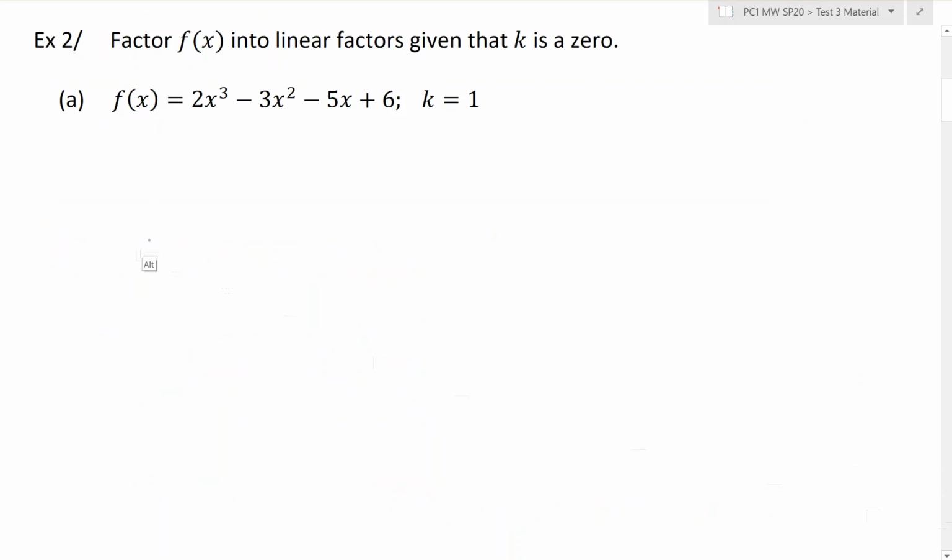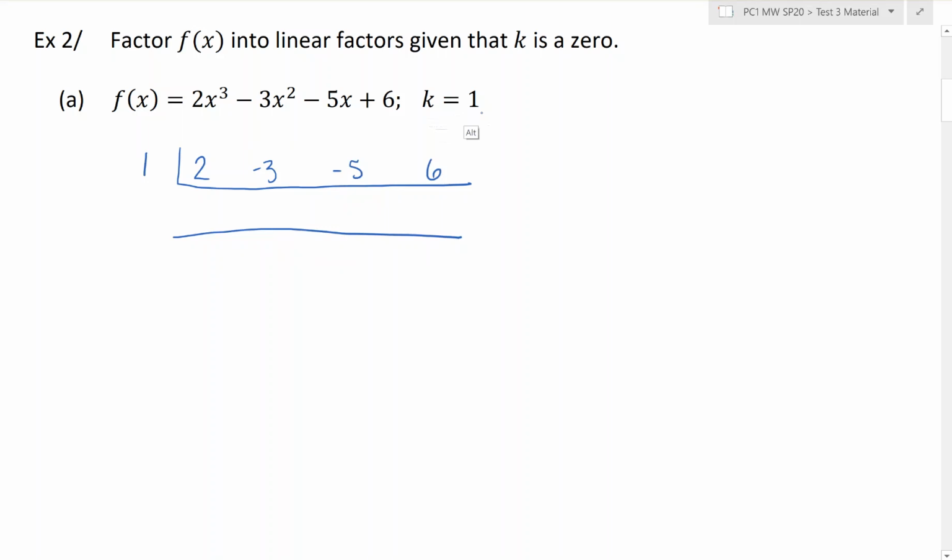All right, let's factor this into linear factors given that k is a 0. So they've given us a 0 here of 1. So let's see what we get when we put that through the synthetic division process. I have 2, negative 3, negative 5, 6, and my k is 1.